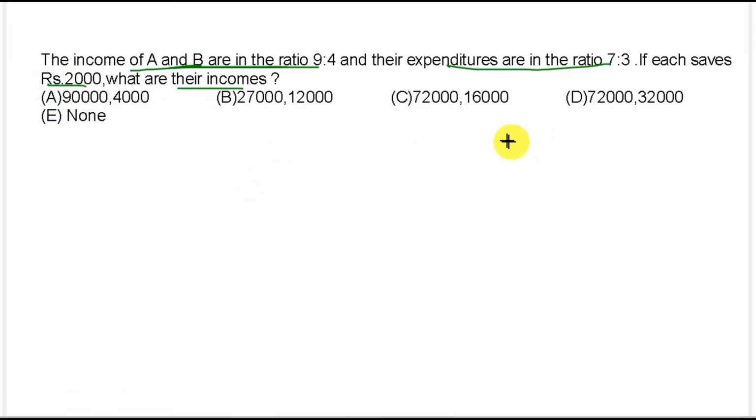Okay, first of all, we know what a saving is. Saving is nothing but income minus expenditure. This we all know. So first let's see the ratio of income of A and income of B. It says the income is 9:4, right?